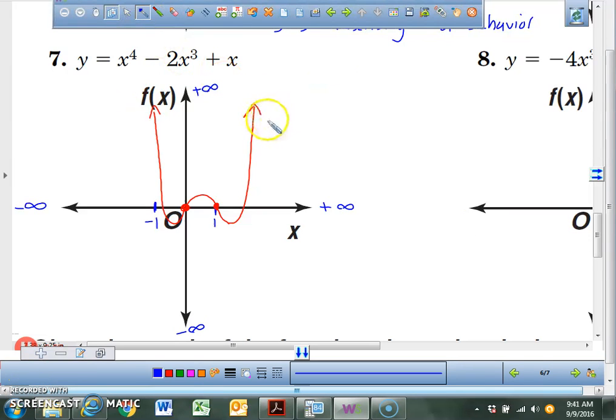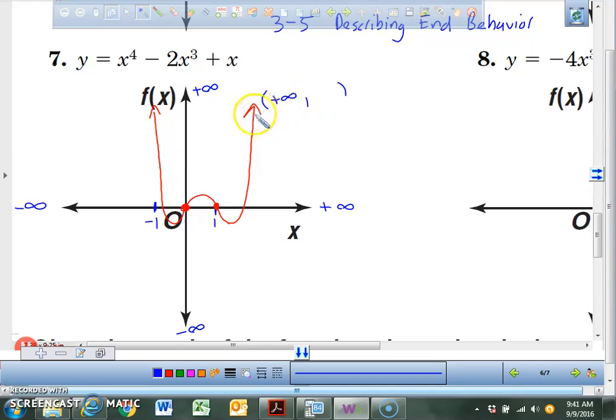In your graph, I want you to look at where we think this is going to end up. This is slightly going to the right. So eventually, which direction is it going? All the x values are going towards what? Positive infinity. So the end behavior for all of my x's is going towards positive infinity.